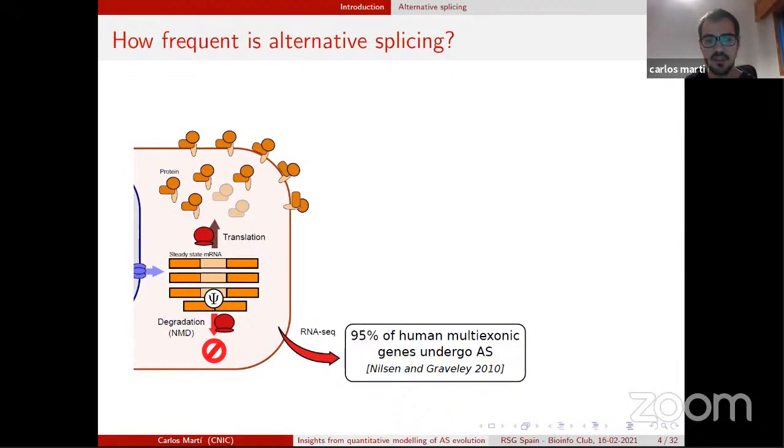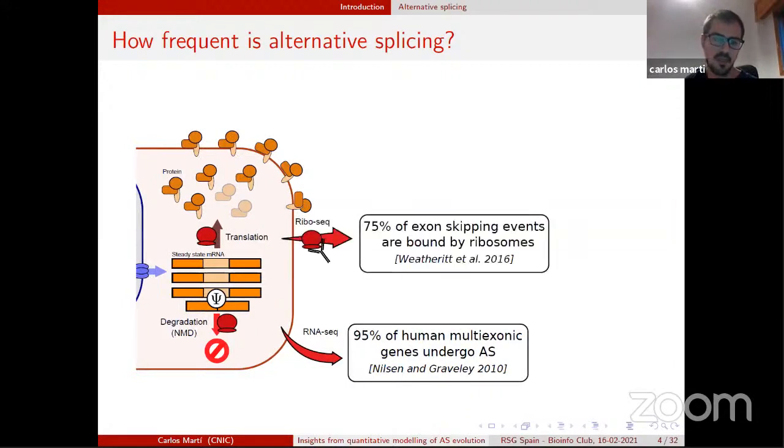However, we were interested in seeing whether these transcripts were translated and producing different proteins, which was the role that was first envisioned when introns were discovered. So with ribosome profiling experiments, what they show is that most of these, at least exon skipping events, are also bound by the ribosome, suggesting that the products of this alternative splicing are often translated.